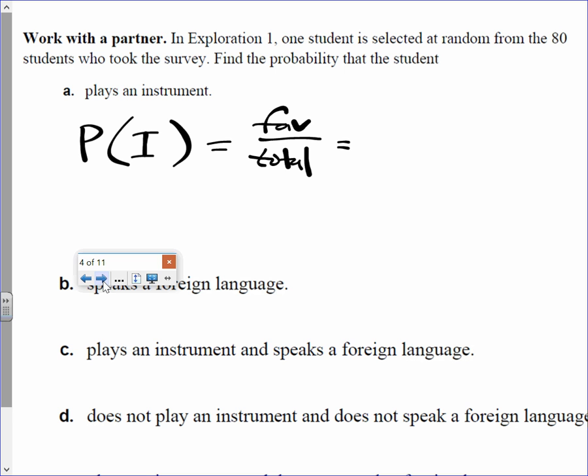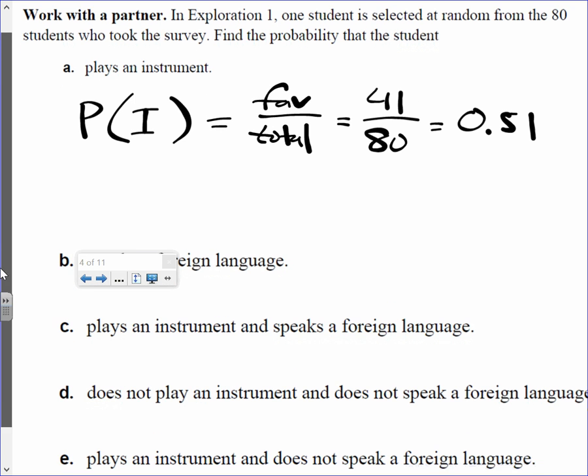Beautiful. So it's 41. Total surveyed, 80. Let me get my calculator. 41 divided by 80. 0.51. So it occurs about half the time. 50%, 51%.